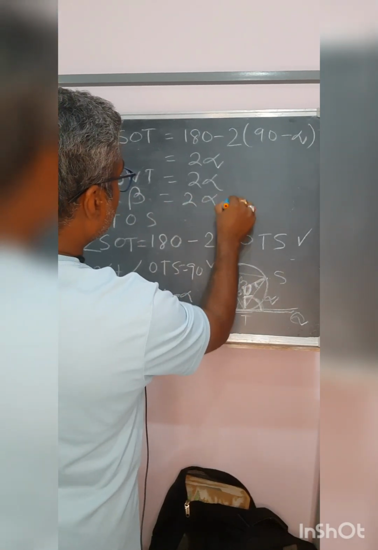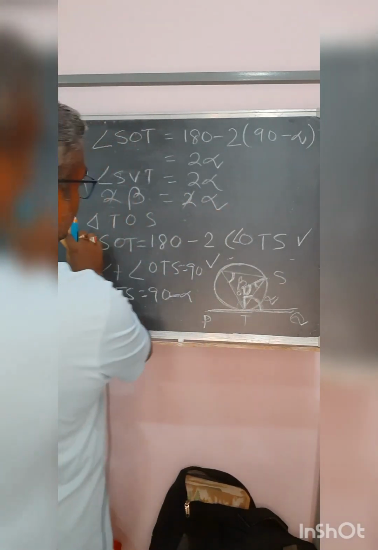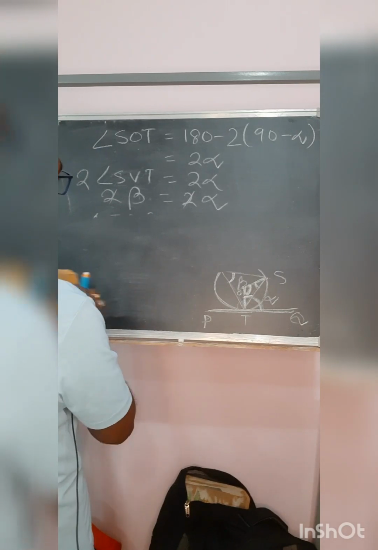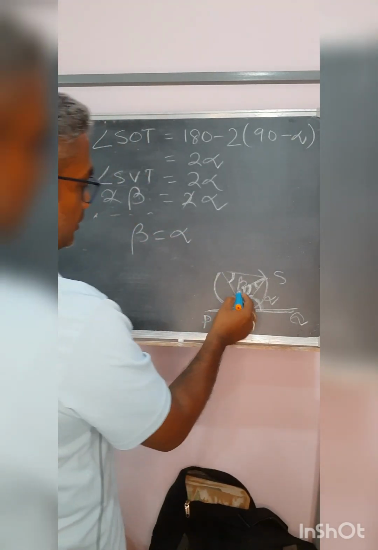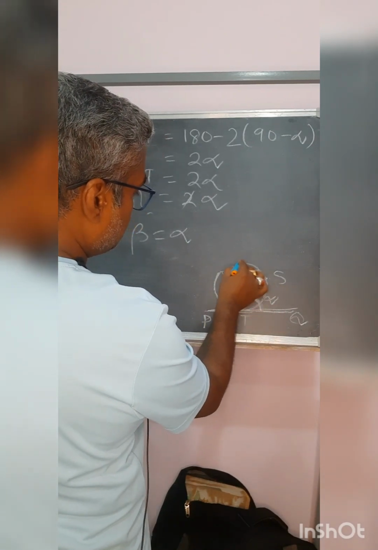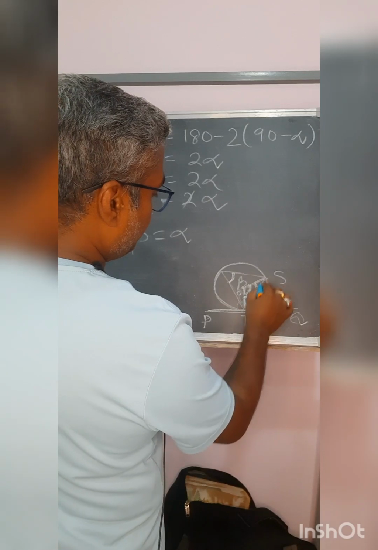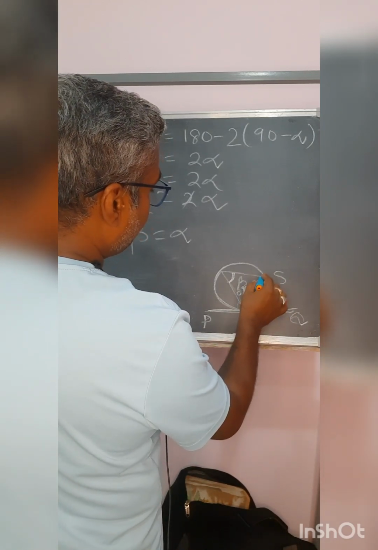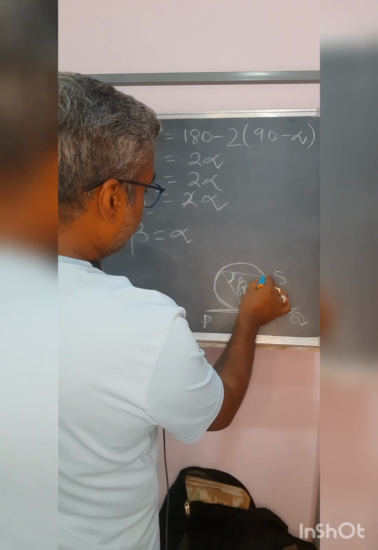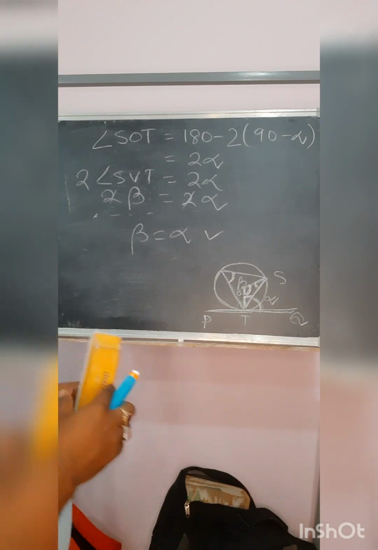So 2 beta equals 2 alpha. Both sides, 2 cancels out, and this becomes nothing but beta equal to alpha. So hence we prove the theorem. This is called the alternate segment theorem, where the angle formed by a chord with a tangent is equal to the angle formed in the alternate segment. So this proves the theorem.